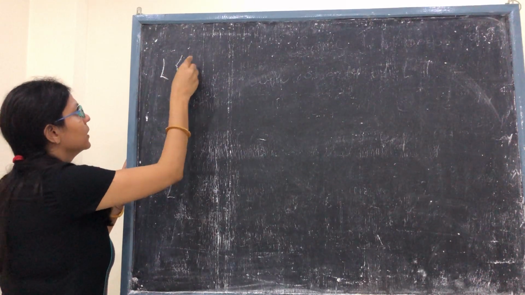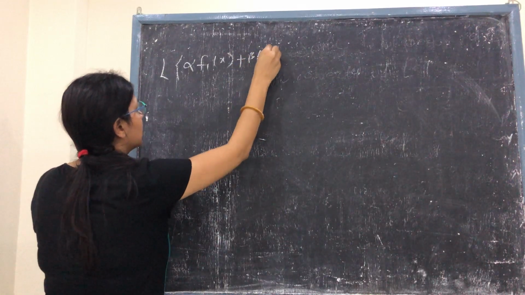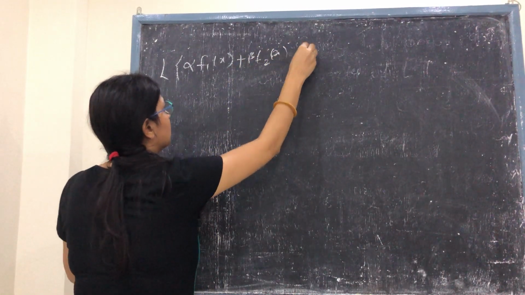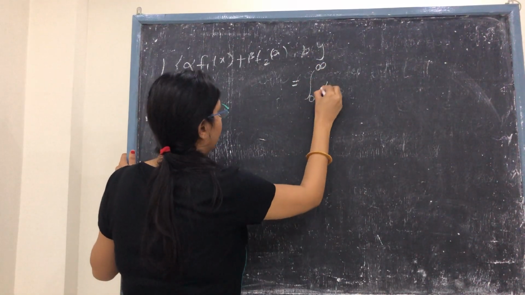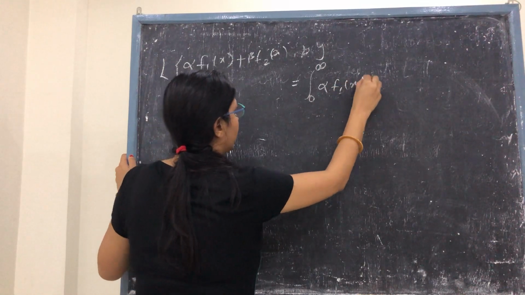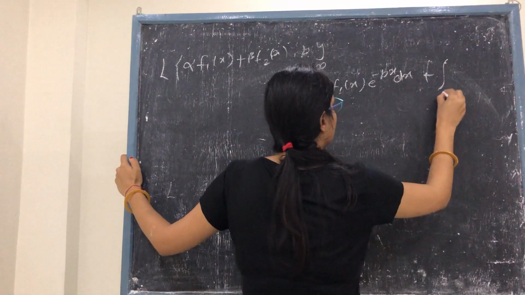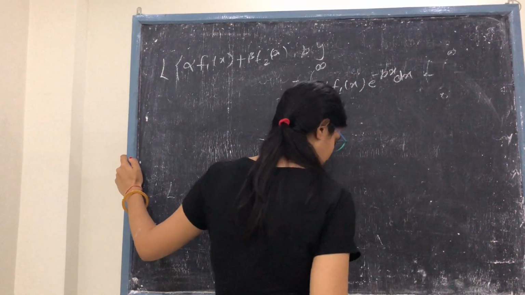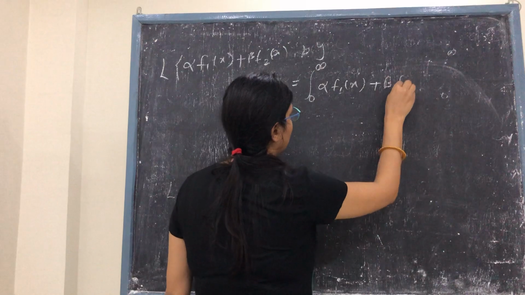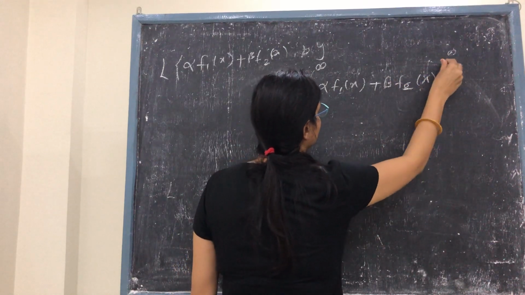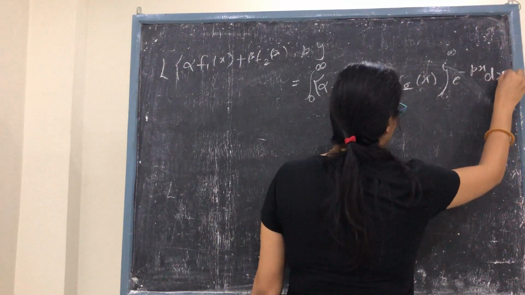Using this, the Laplace transformation of alpha f1x plus beta f2x at p can be written as integral from 0 to infinity of alpha f1x e raised to the power minus px dx plus integral from 0 to infinity of beta f2x e raised to the power minus px dx.